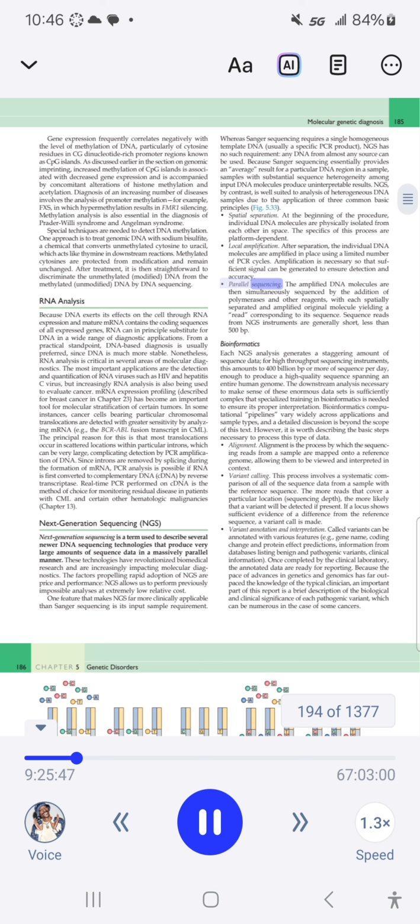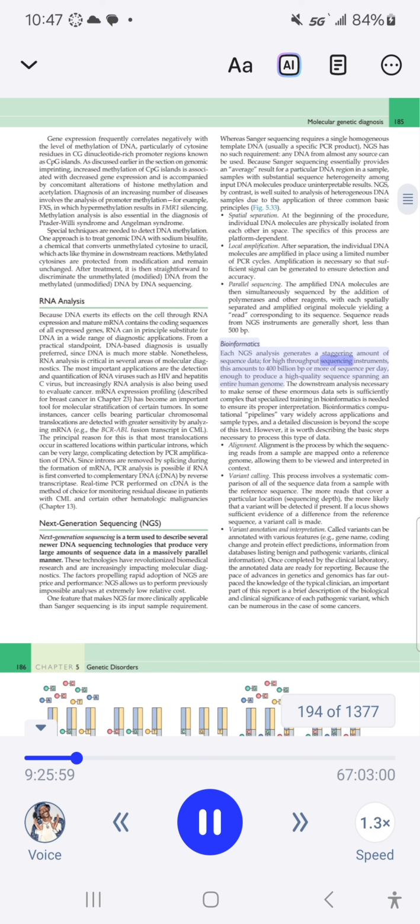Parallel sequencing: the amplified DNA molecules are then simultaneously sequenced by the addition of polymerases and other reagents, with each spatially separated and amplified original molecule yielding a read corresponding to its sequence. Sequence reads from NGS instruments are generally short, less than 500 BP. Bioinformatics: each NGS analysis generates a staggering amount of sequence data.